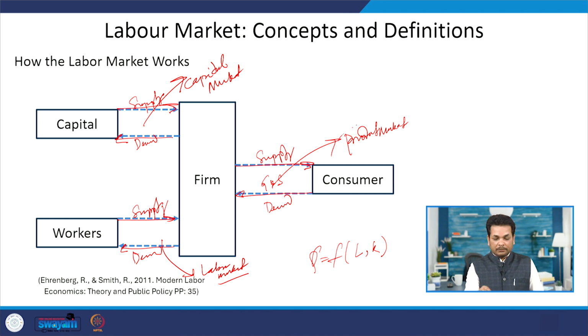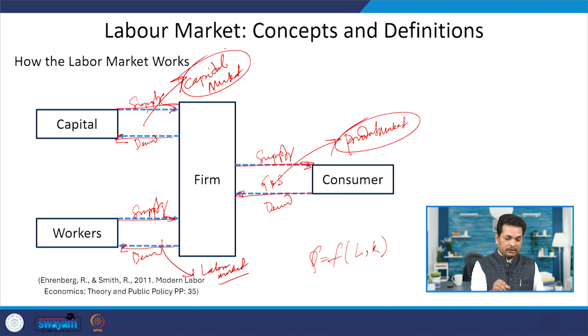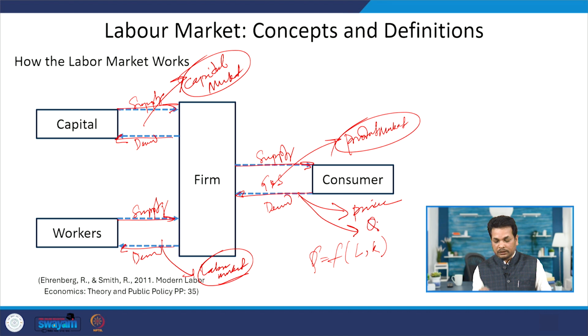So, you have the product market, the capital market and the labor market. The outcome of the product market is the price and the amount of goods and services which has been transacted.